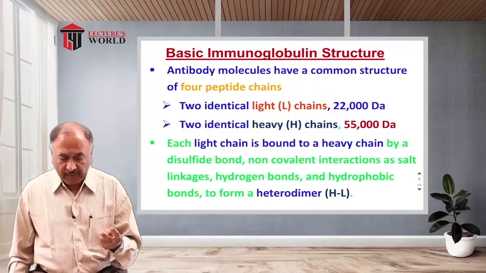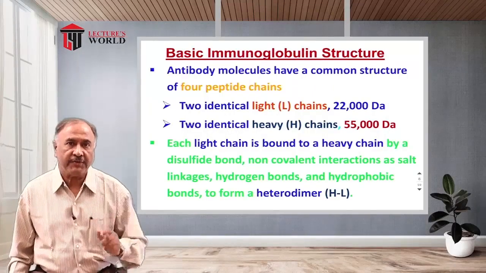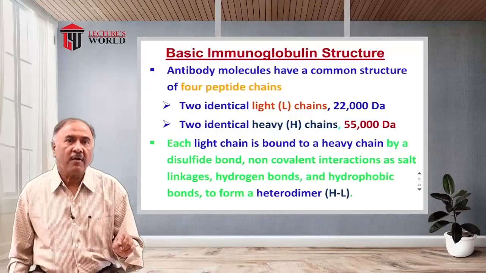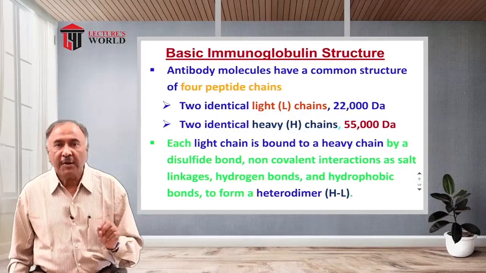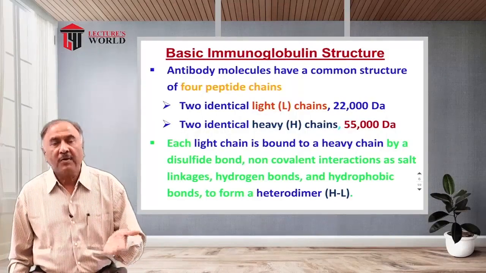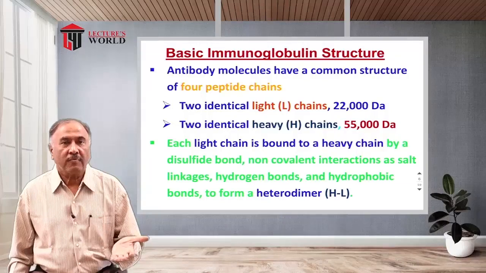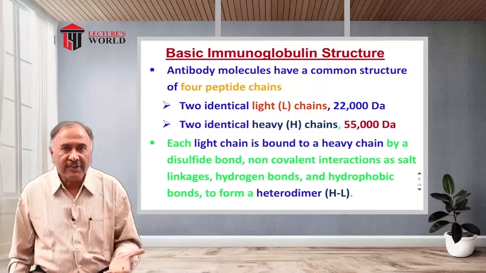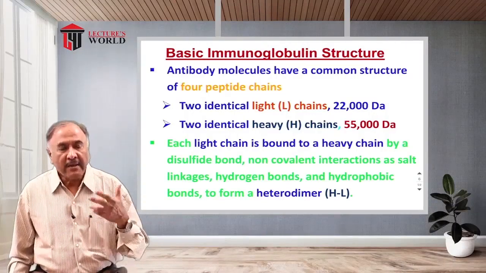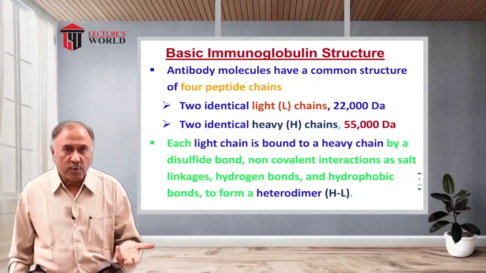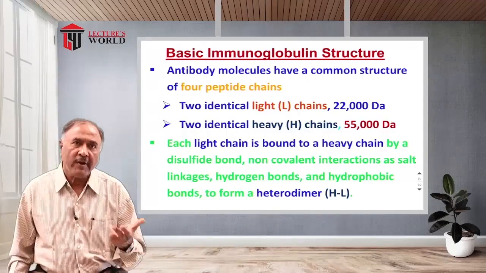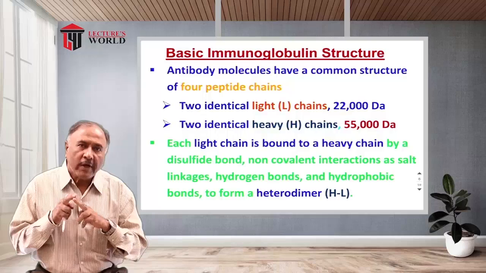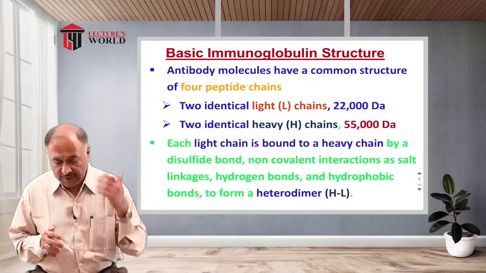The second is 2 heavy chains, whose molecular weight is almost double that of the light chain, around 55,000 Daltons. Because the molecular weight was very high, naturally it was labeled as heavy chain. And because the other two chains had a low molecular weight, they were called light chains. So out of 4 peptides, 2 were heavy and 2 were light.